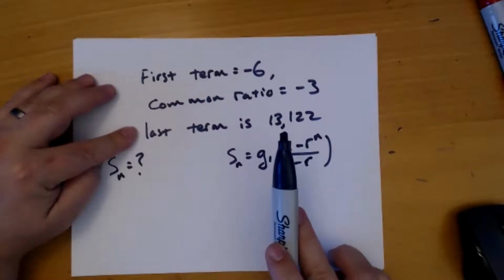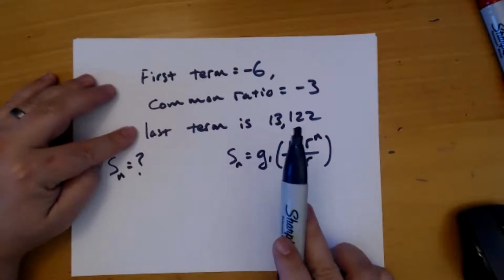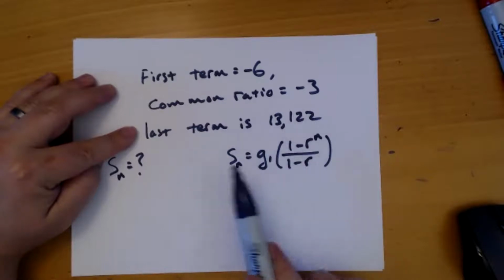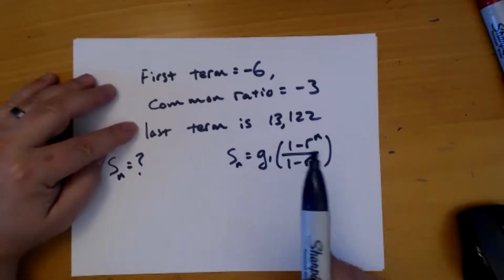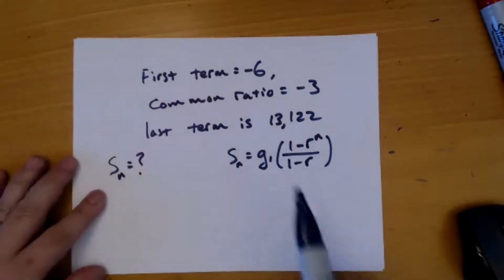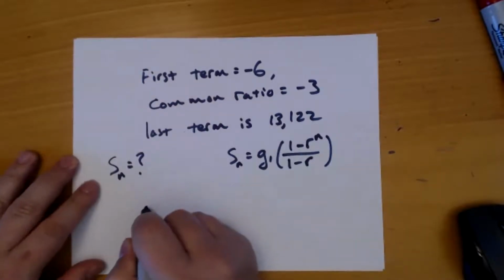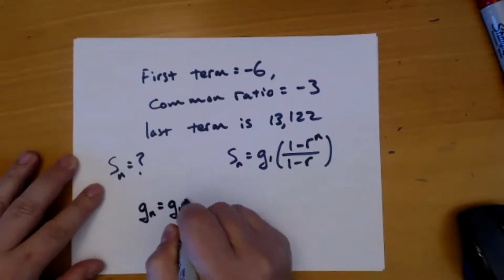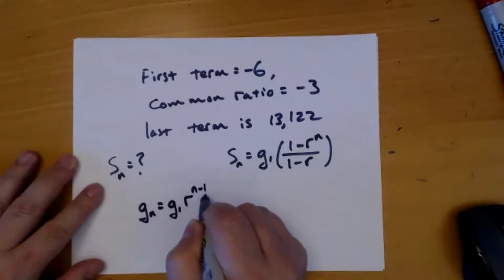So what we're gonna do is find out what the N is so that we can use the formula. So let's go back to our formula. G sub N is G sub 1 R to the N minus 1.